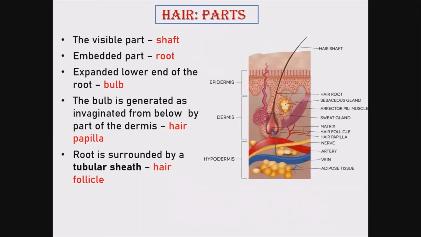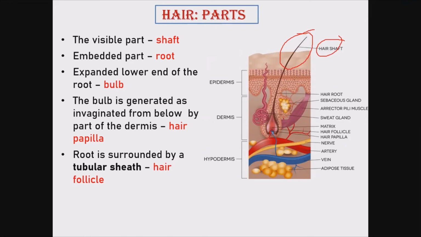The hair as such consists of two parts. The part on the surface, the visible part which you can see on your skin, is called the hair shaft. The part underneath is called the root. In the root part, as we come down, it has a dilated part. This dilated part is called the bulb.